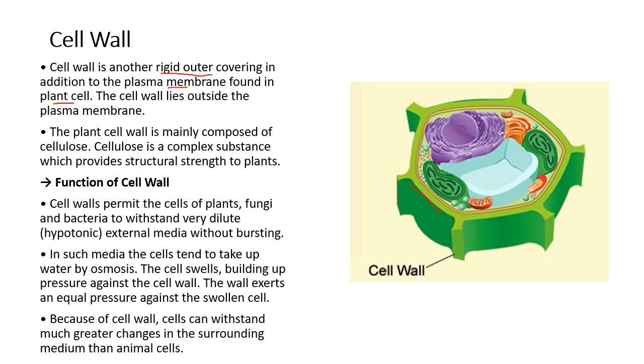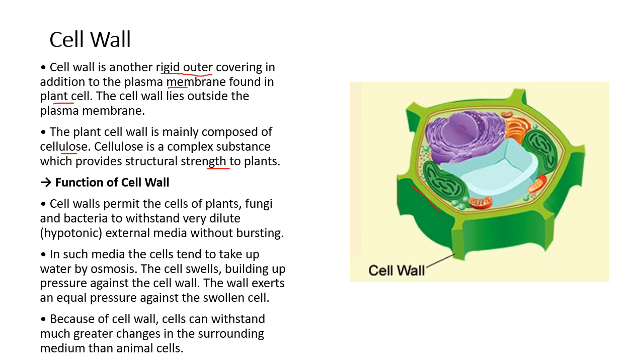The cell wall lies outside the plasma membrane. Second point, the plant cell wall is mainly composed of cellulose. Cellulose is a complex substance which provides structural strength to plants. Okay, this is about the cell wall. So this is the outermost covering of the plant cell, not the animal cell.